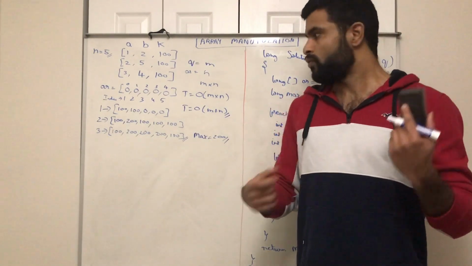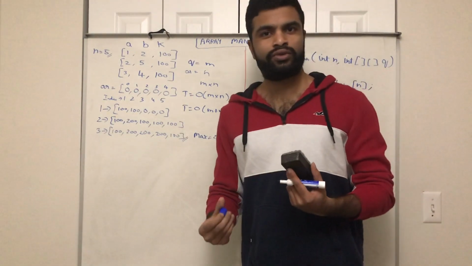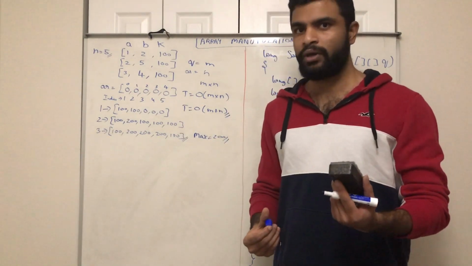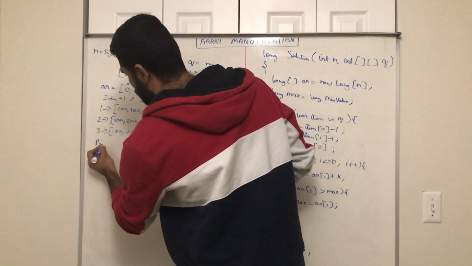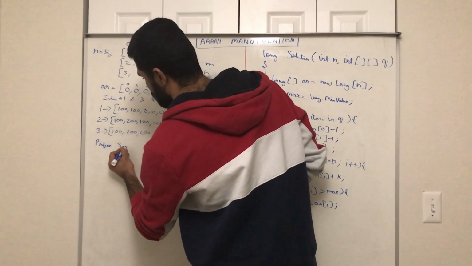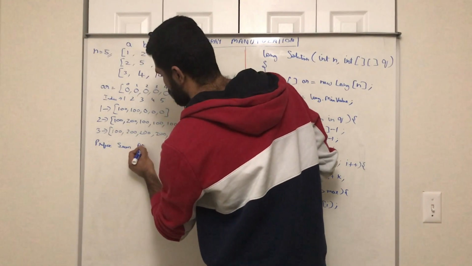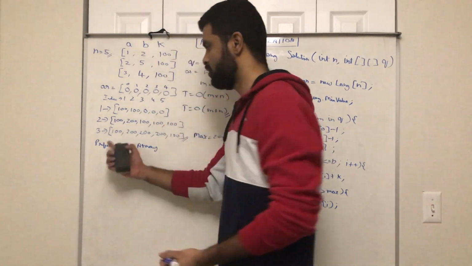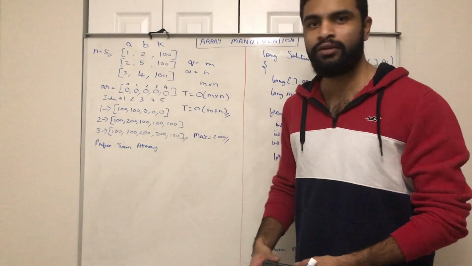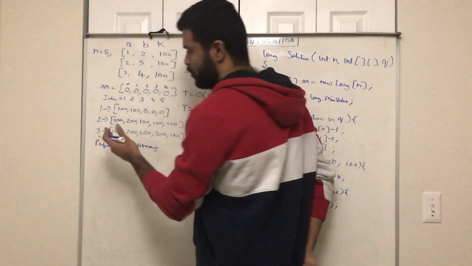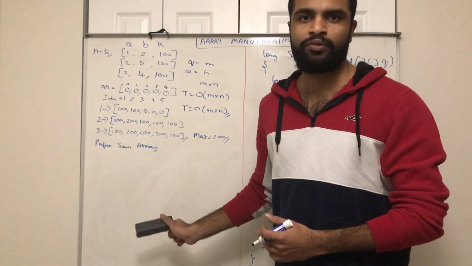For making this more efficient, you can use an algorithm called prefix sum array. By using this algorithm, you can make this problem more efficient. I will be showing you how. But before that, I want to explain a little bit about the prefix sum array.